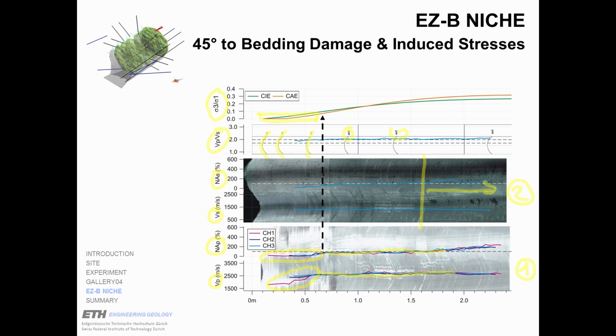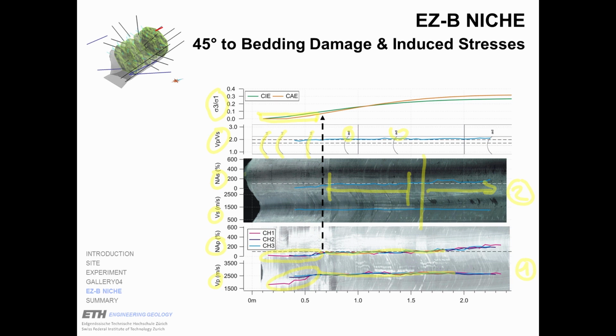So from this we conclude that excavation-induced fractures, macroscopic fractures, indeed only form when this spalling limit, or ratio between sigma 3 and sigma 1, is very low, that we have additional damage in this middle zone, which is not seen macroscopically, but it's seen in a reduction in seismic properties.